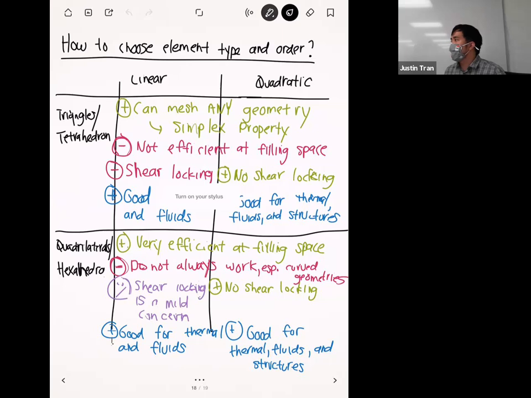Refinement. From the first activity, in the tutorial, we chose a refinement of three. When should we use 1, 2, or 3? Yeah. All that number refers to is how much smaller the elements are going to be.